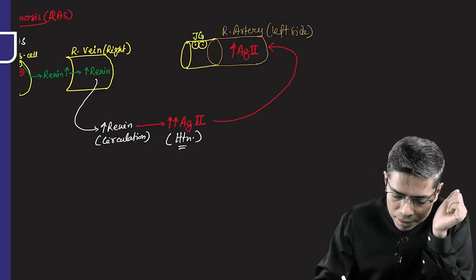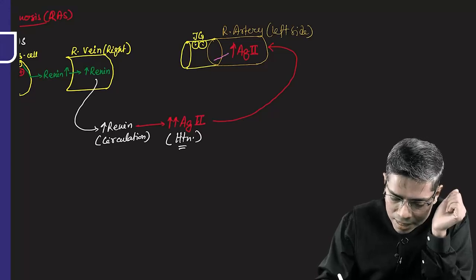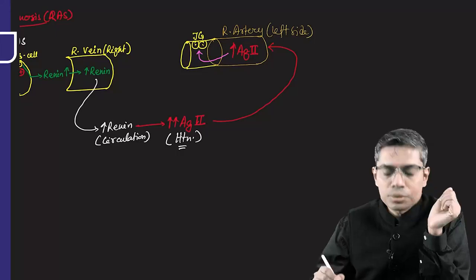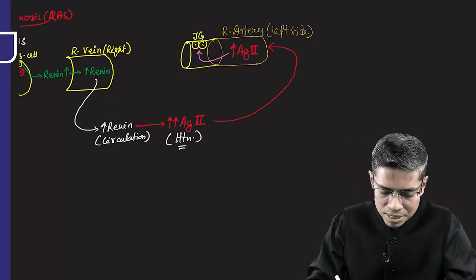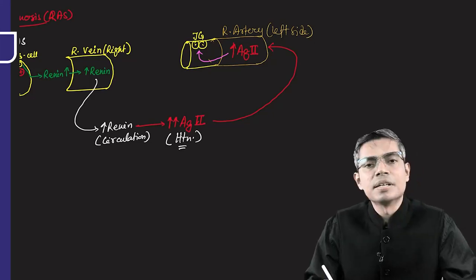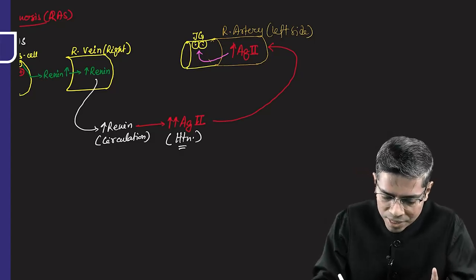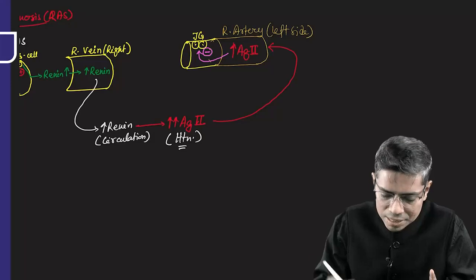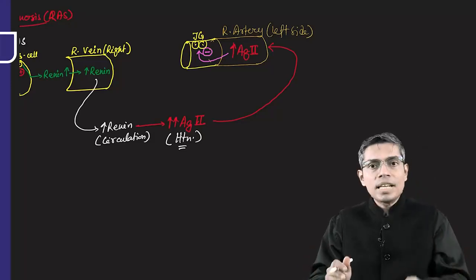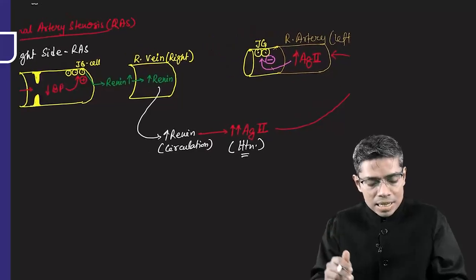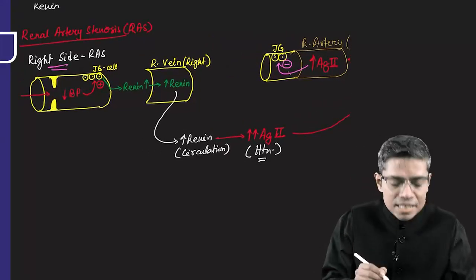So whenever this high level of angiotensin 2 reaches this JG cell, what is the effect of angiotensin 2 on the JG cell? Is it a stimulus or an inhibitor? We have just seen that increased angiotensin 2 is an inhibitor of this JG cell. You may be thinking, why is this angiotensin 2 not inhibiting the right-sided JG cell also?